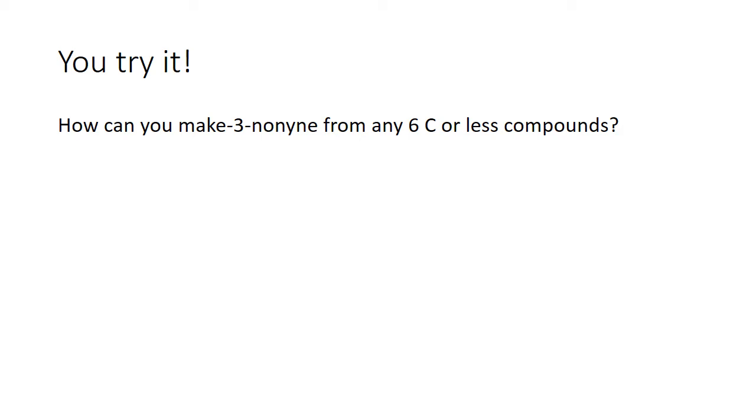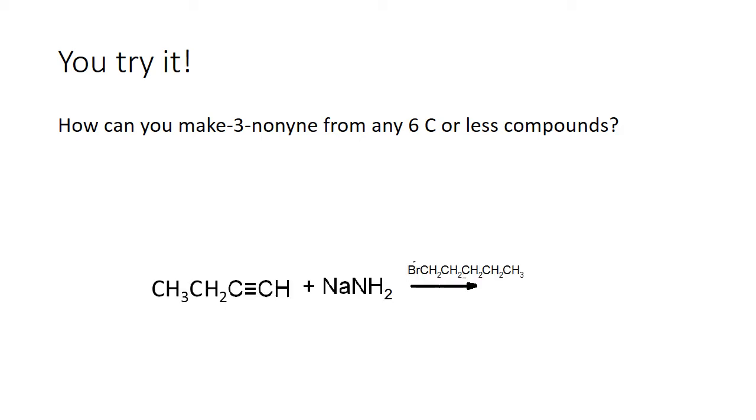Well, because it says 3-nonyne, you would have to have 4 carbons with a terminal alkyne. What would you use? 4 carbons and a terminal alkyne. If you treat this with a base, now all you have to do is the anion would be here, and then you have to figure out how many carbons you would need to have a 9 carbon chain.